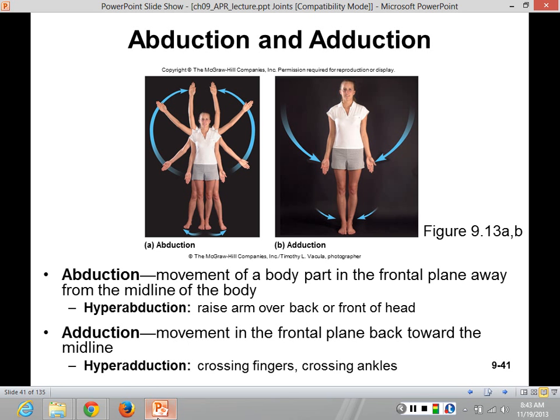When you see the term digiti, that's going to be one finger or toe. So you're going to have the extensor hallucis that will allow you to do that. So do flexion of your thumb.